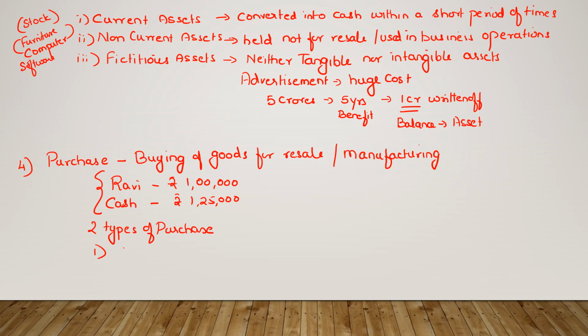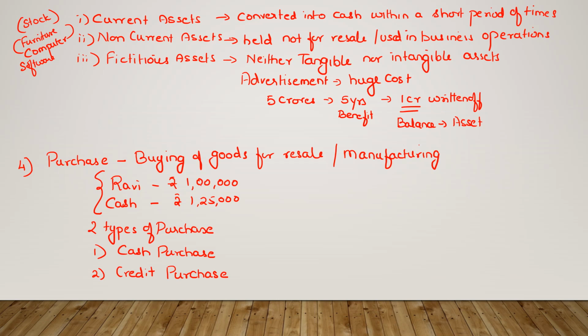One, it is cash purchase. That is where Smitha has paid cash 1,25,000 and purchased the goods. Immediately payment was made. The second one is the credit purchase. That is, when she purchased from Ravi, you find from the wordings that she has purchased goods worth 1 lakh.